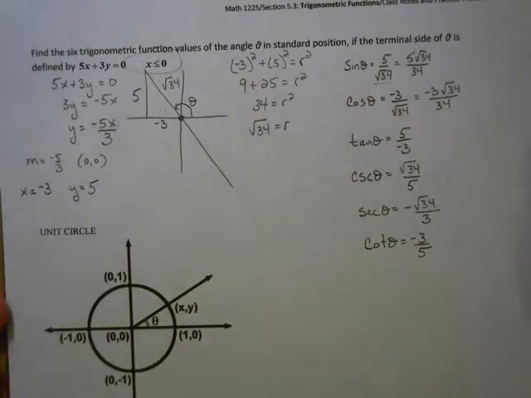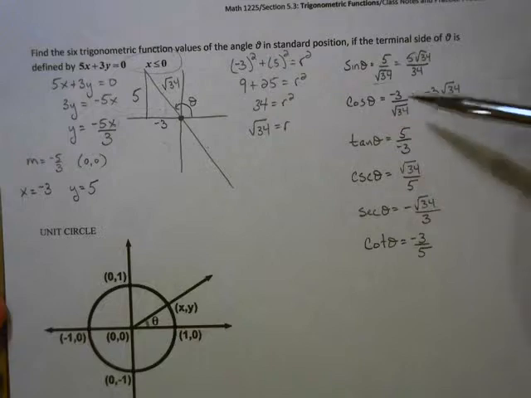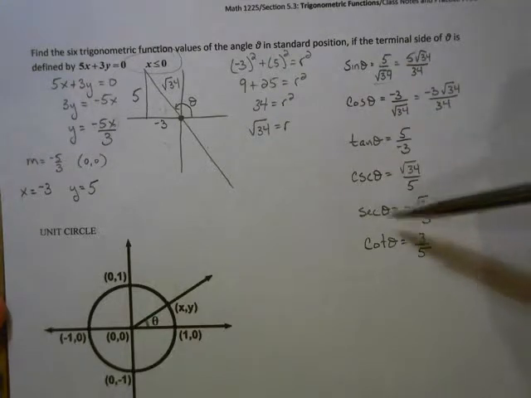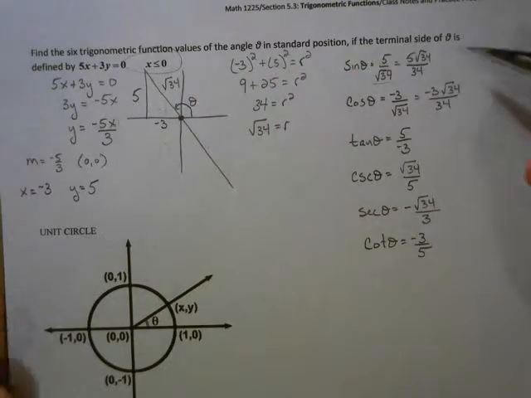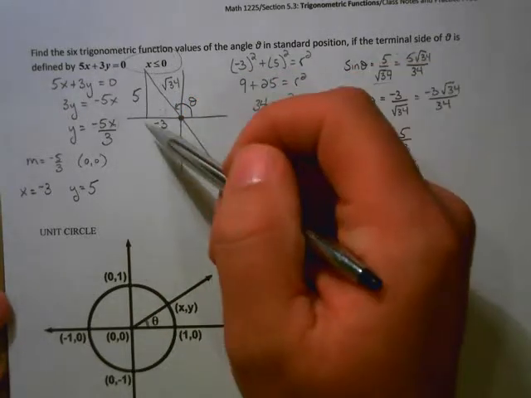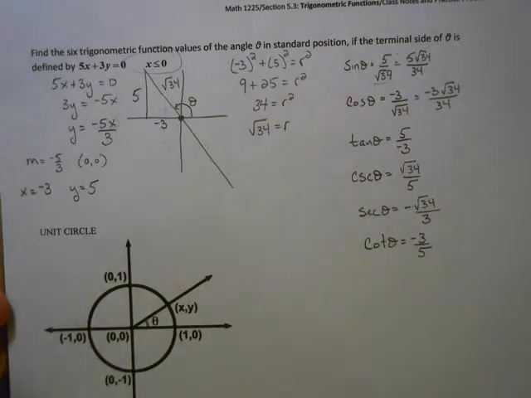So that gives you a few different examples if you were given a point or given an equation to find the 6 trig functions of some angle. Okay? And again, those 6 trig functions correspond to the ratio of the sides of a triangle. There's only 6.